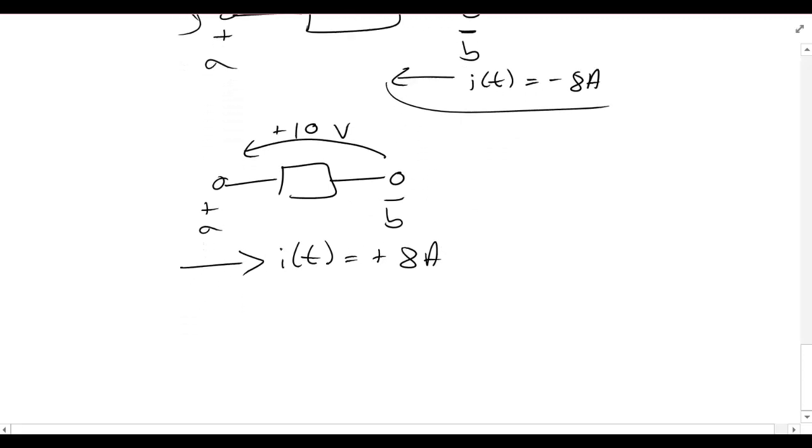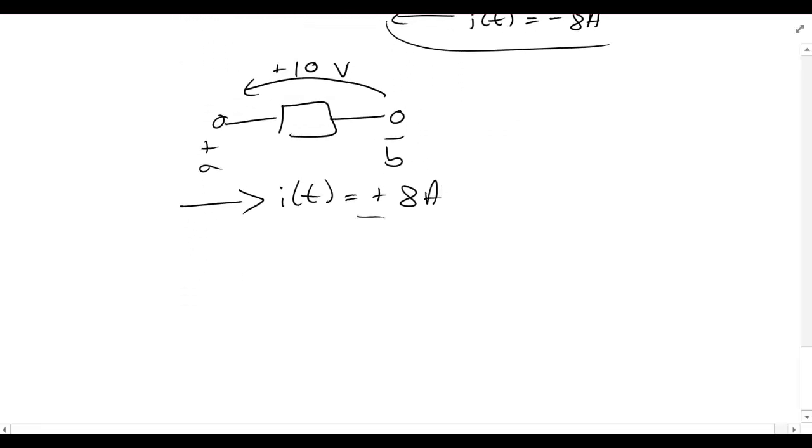Now, if you can take a look, positive current is entering a positive terminal, which means the current is losing energy. It's going down in energy.